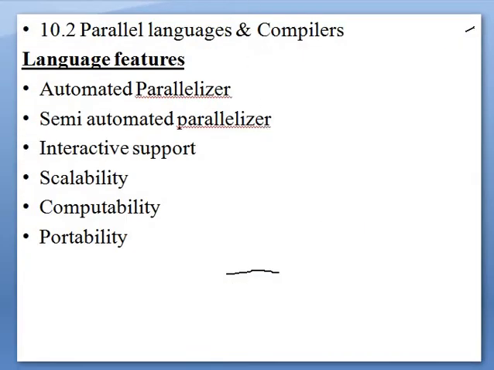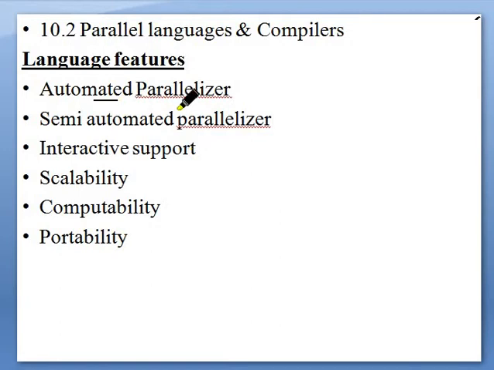Okay, so next we will go for the second concept, parallel languages and compilers. What are the language features which make a language parallel? It should be able to perform parallelization of instructions automatically, that means on its own.